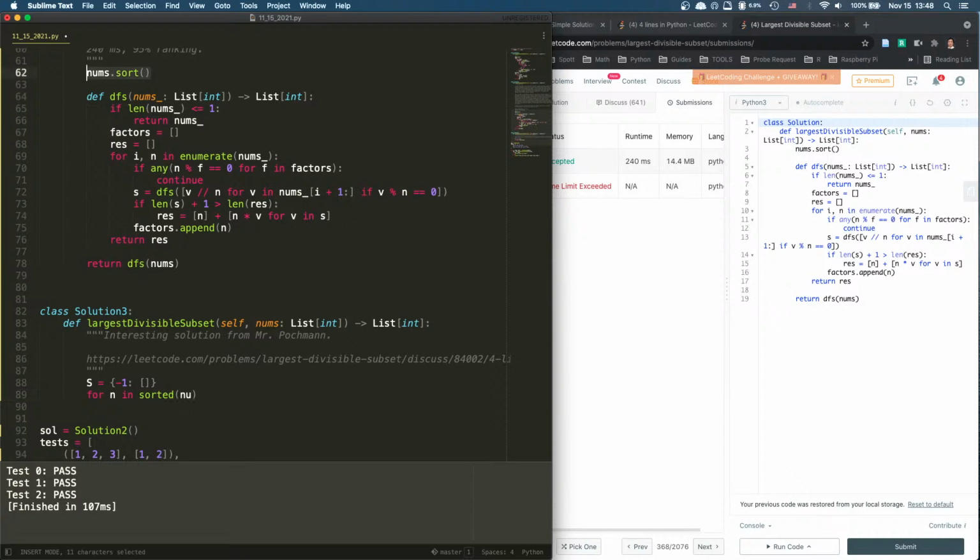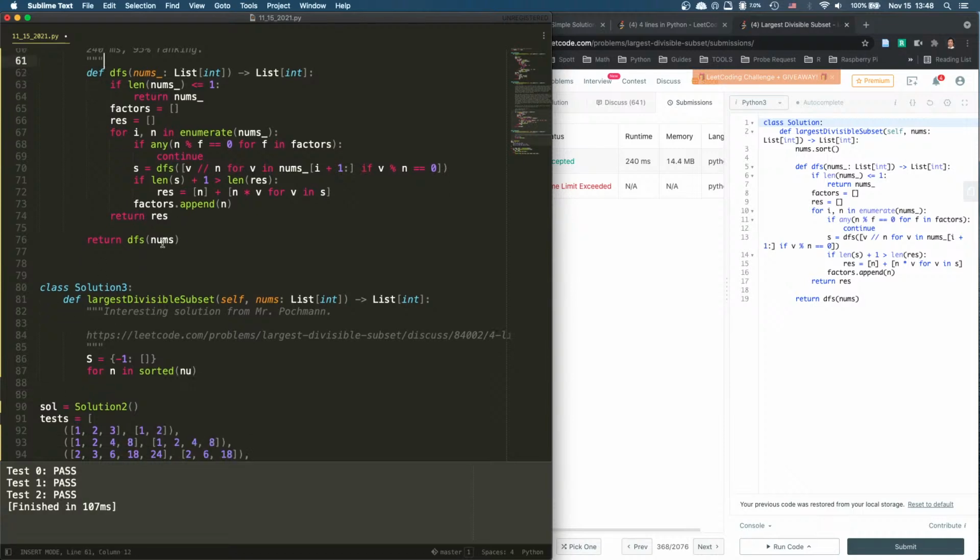So I say for number in sorted nums. Oh, I can say one more line, I just realized. So for n in sorted nums, we want to find the maximum that we currently have. The key is the largest value in a divisible subset, and the value is the subset.